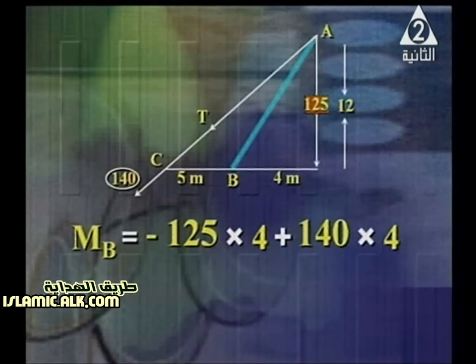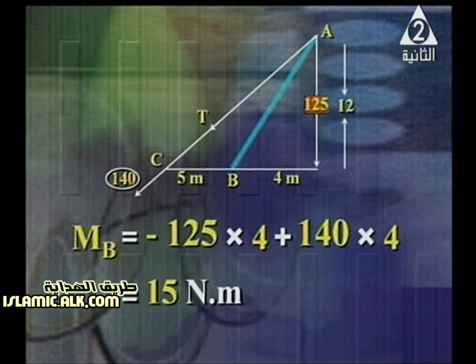Why negative? Because the direction is clockwise. The 125 Newton force acting at point B is clockwise, so its sign must be negative: 125 multiplied by 4 plus 140 times 4. Why? Because the 140 acts anticlockwise. The answer is 15 Newton meter.